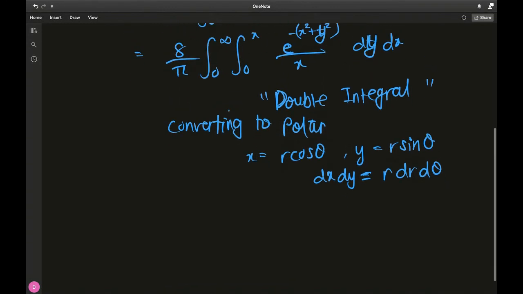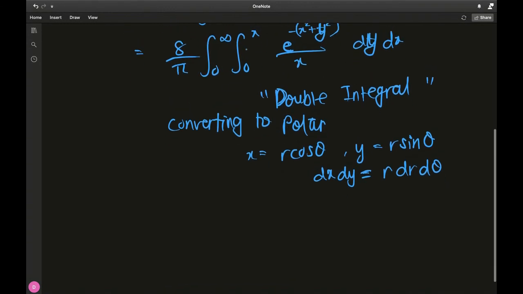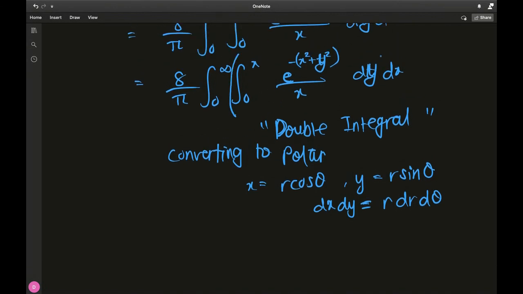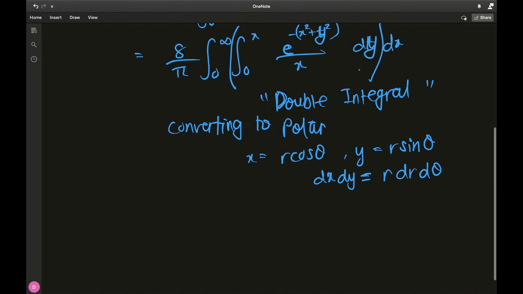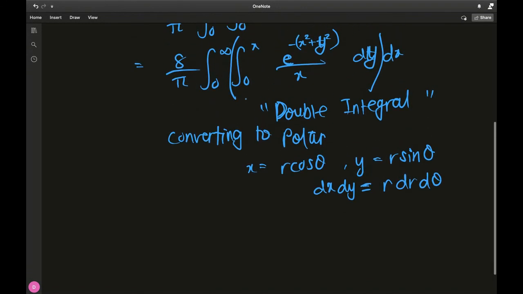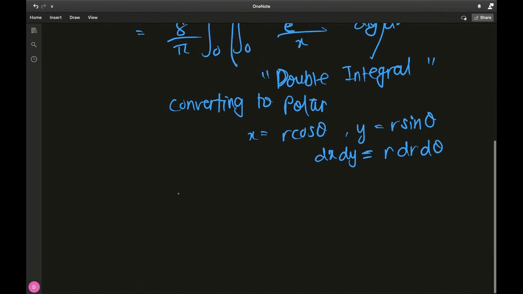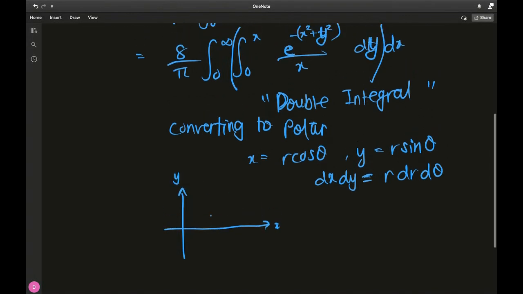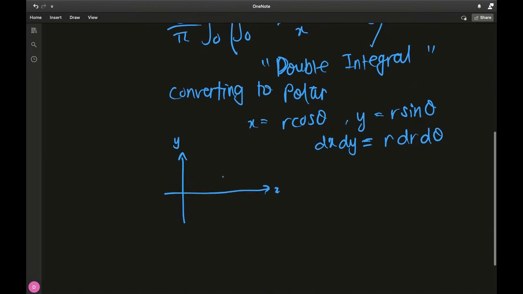Let's just consider this inner integral over here, which I've bracketed. On this inner integral, only look at the upper and lower bounds. If you call it the x and y axis, y goes from 0 to x. So y equals 0 is the x-axis, and y equals x is this line, y equals x.